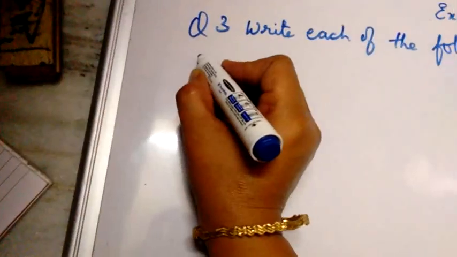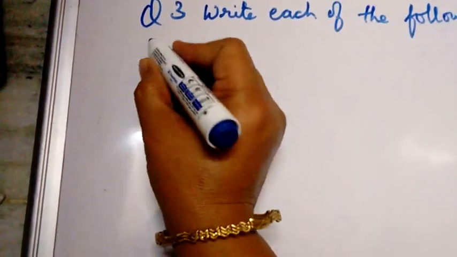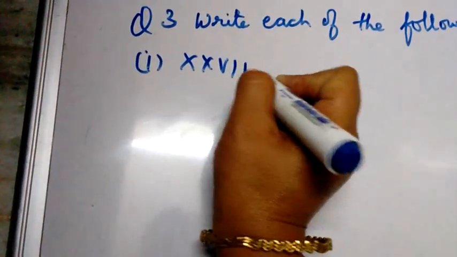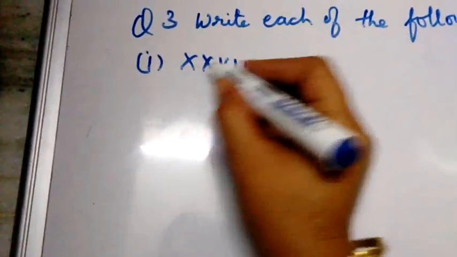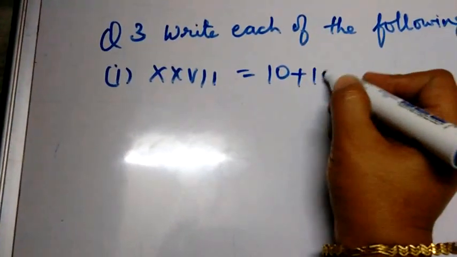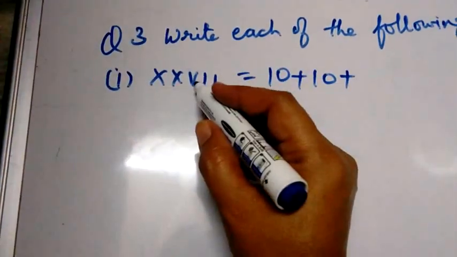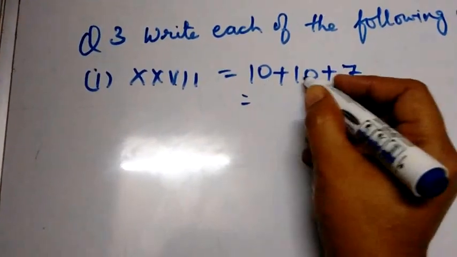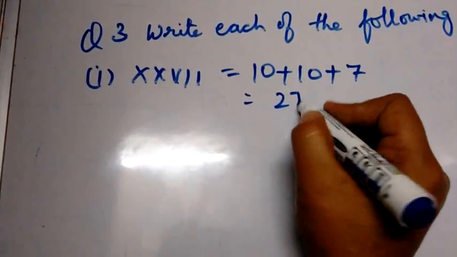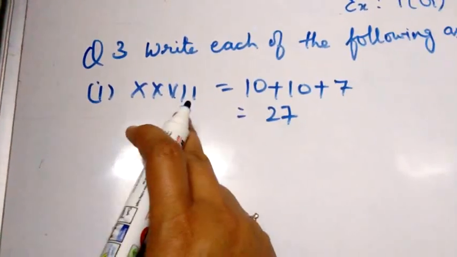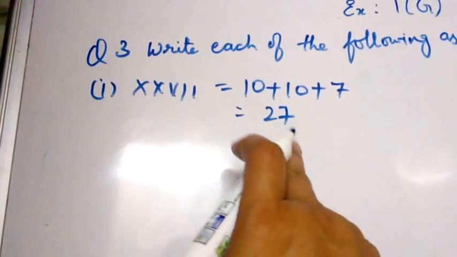Now, first part of question is XXVII. So X is for 10. Second X is also for 10. And 5, 6, 7. That means it is 10, 10, 20 and 7, 27. So XXVII, that means 27.